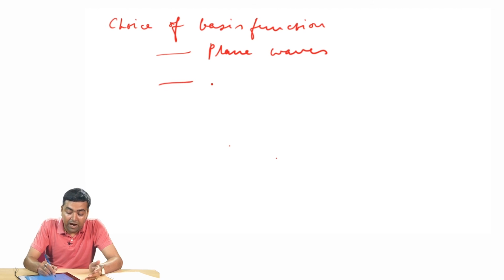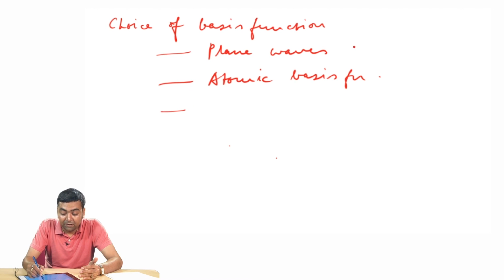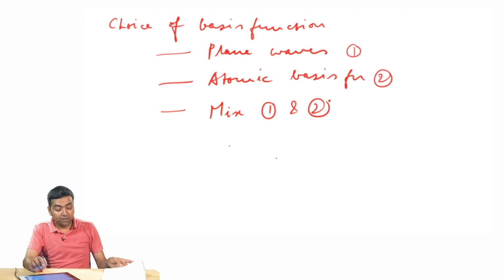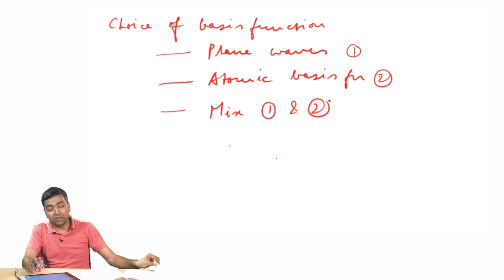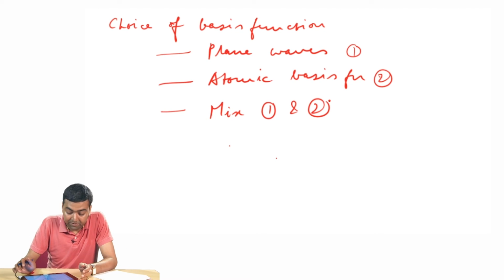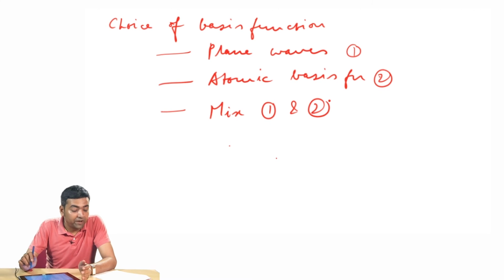You can choose atomic wave functions as your basis functions. You can mix them: if I call this 1 and you call this 2, we can mix 1 and 2 as a choice of basis function. But in the example we will do, and in this lecture, I will restrict myself to using a momentum basis in a finite box.